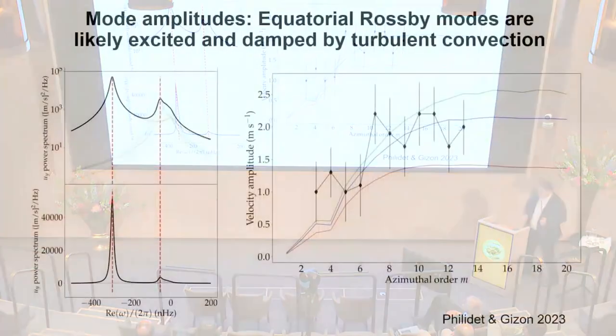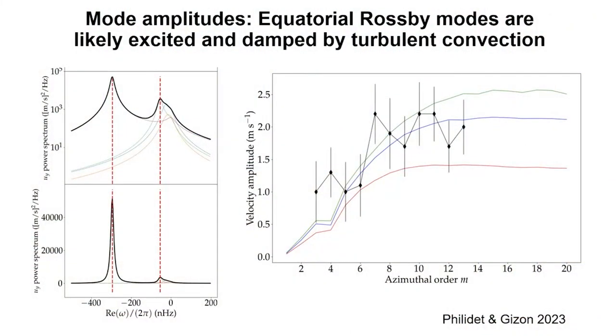The next question has to do with the amplitudes of the modes. So except for the high latitude mode with m equals 1, most of the modes have amplitudes below 1 to 2 meters per second.